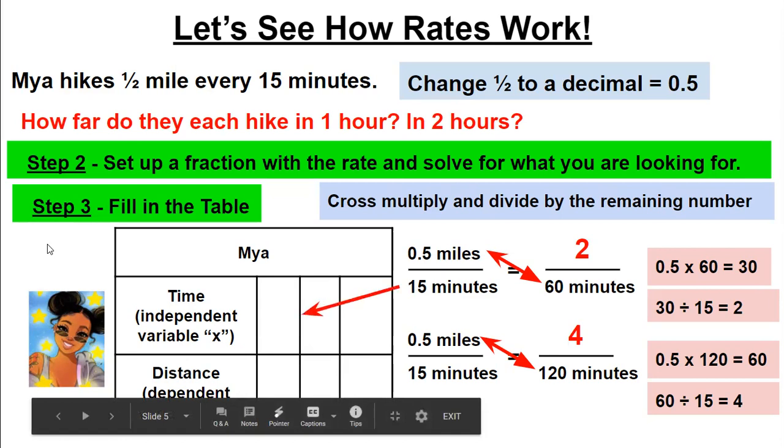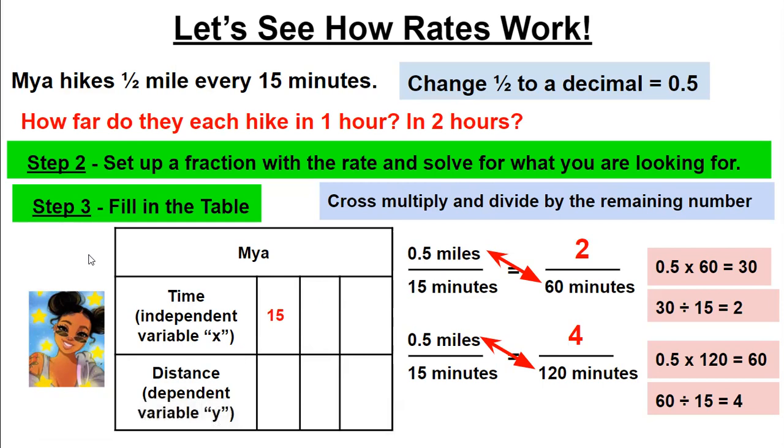So our time is 15 minutes. Put that in there. And our distance is 0.5 miles. Okay. Then we have our 60 minutes. And that equals 2 miles.